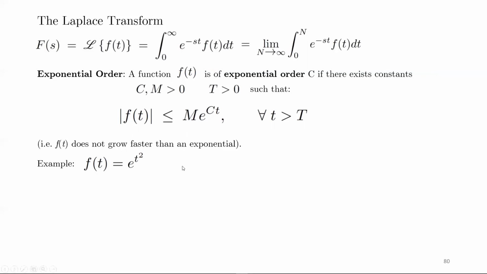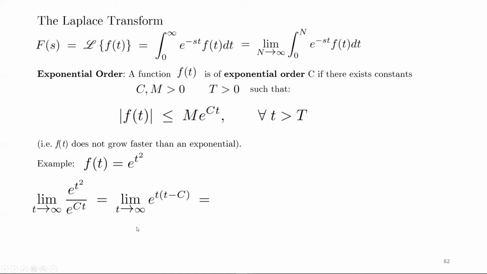So, for example, let's look at the case of an exponential of t squared. So we have an exponential of a quadratic here. If I look at the limit as t goes to infinity of e to the t squared over e to the c times t, where c is some constant, I can simplify that, because using exponential laws I can take this exponential up to the numerator and pull out the common factor of t.